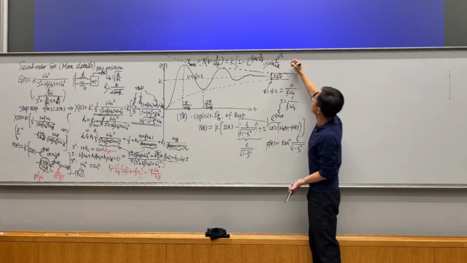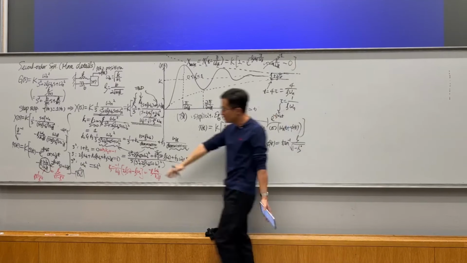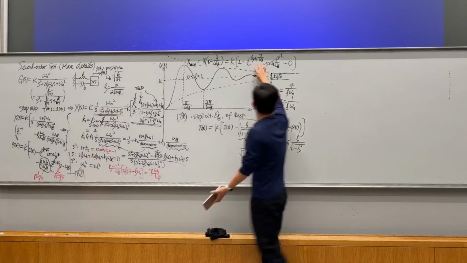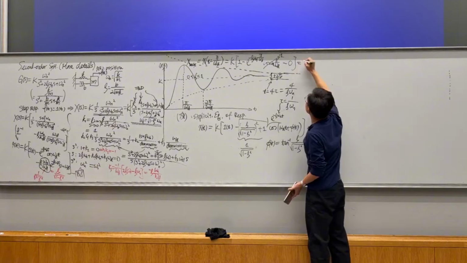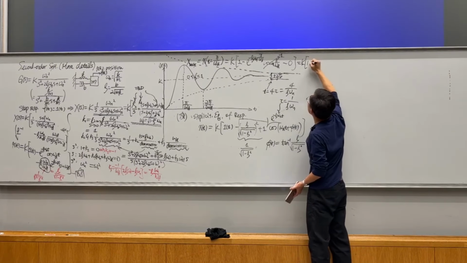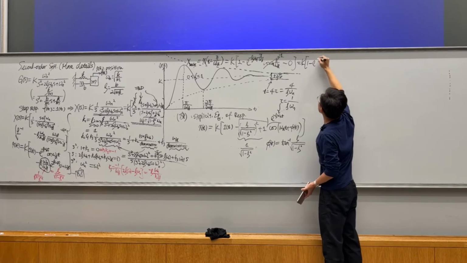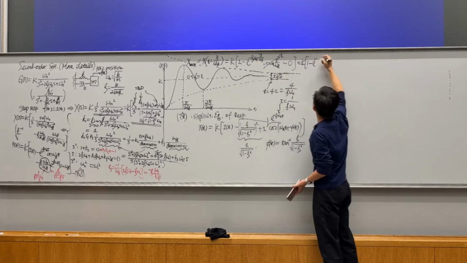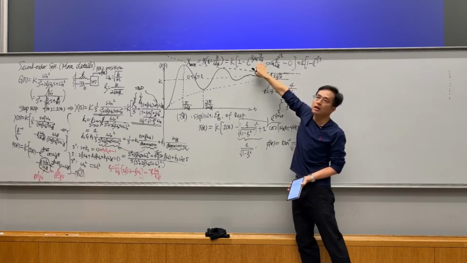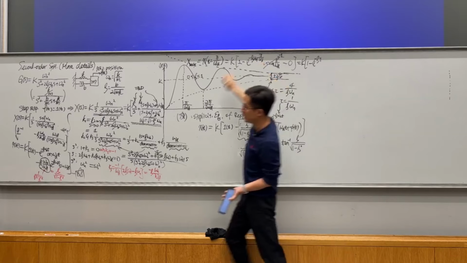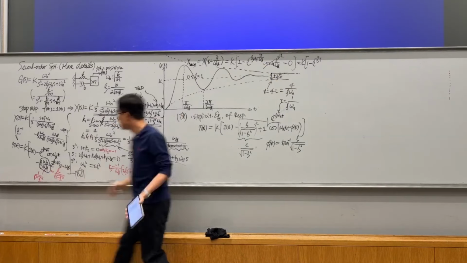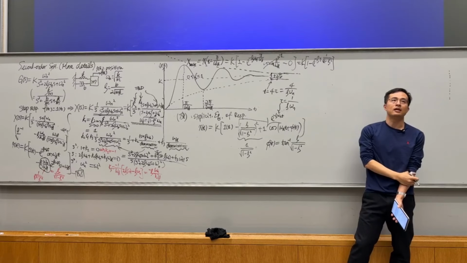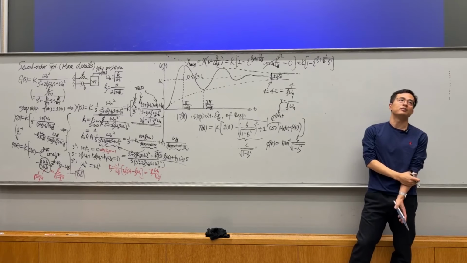And the last term is going to be 0 because sine pi is 0. So this simplifies to k times 1 minus e to the negative zeta pi omega n over omega d, which we saw earlier already. Okay? So that's exactly the maximum value of the response.